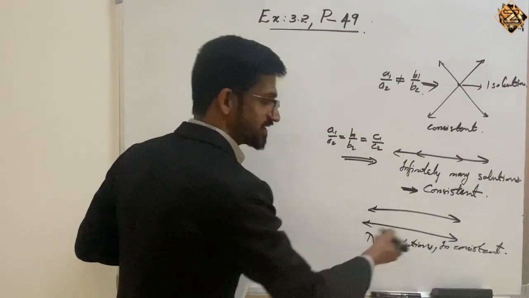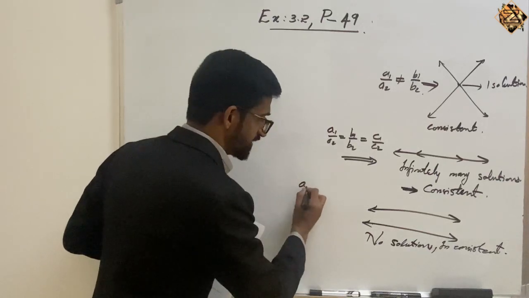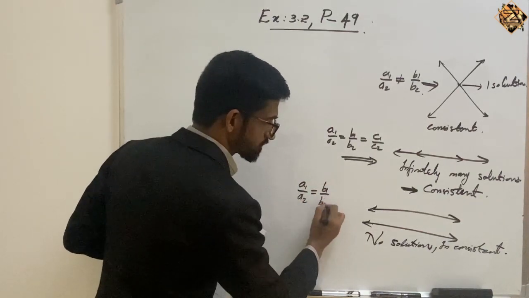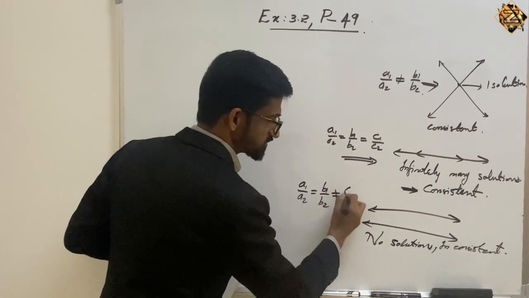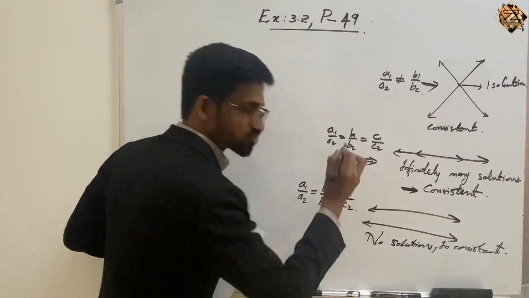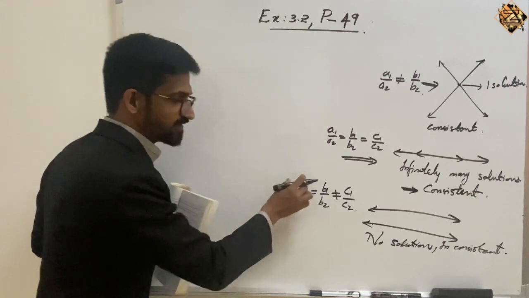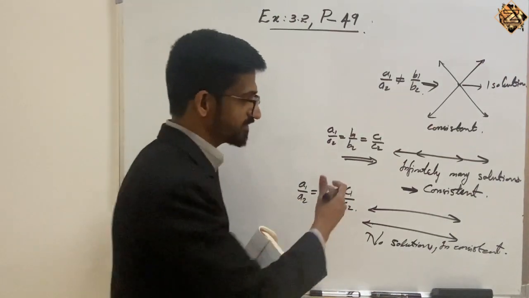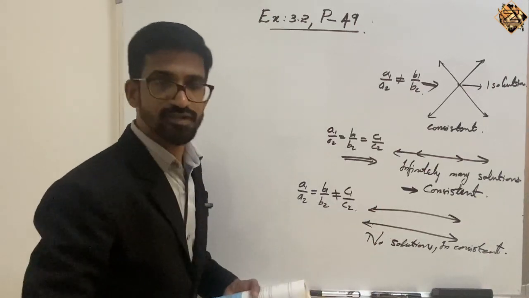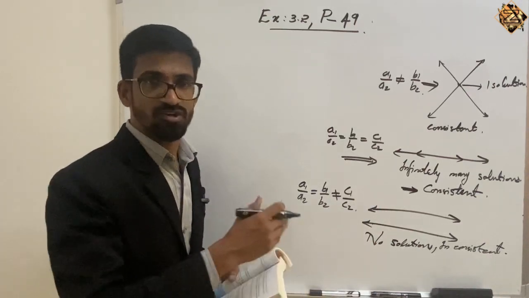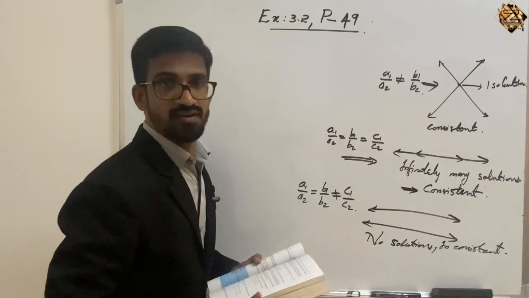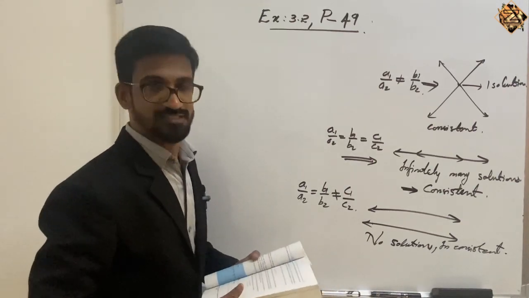To check whether the lines are parallel or not, if A1 by A2 equal to B1 by B2 but not equal to C1 by C2, then we can say that the given pair of linear equations are parallel. So there will be no solutions, which results in inconsistency of the given equations.